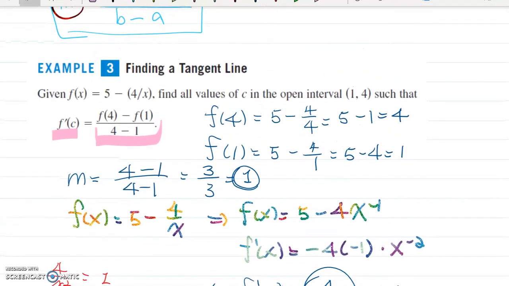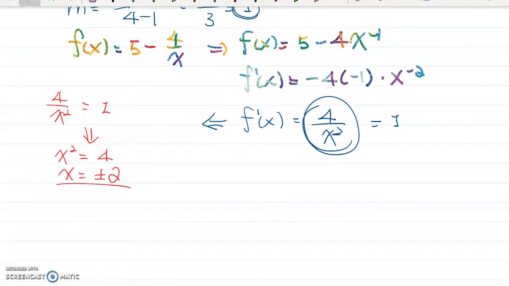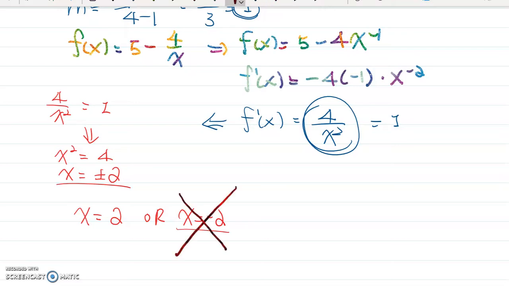So when we look at here, the interval was (1, 4), right? So even though we got x equals 2 or x equals negative 2, negative 2 does not belong to the given interval, so unfortunately, we have to eliminate that. So we found that at x equals 2, the tangent line slope becomes 1 basically. That's the answer for this problem.